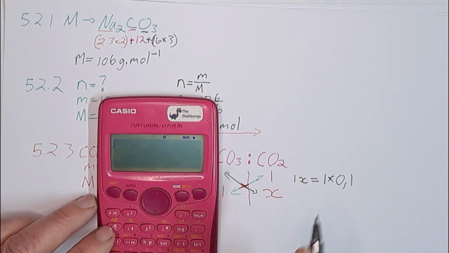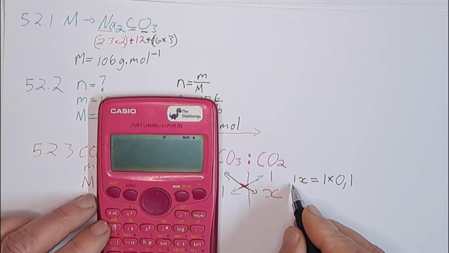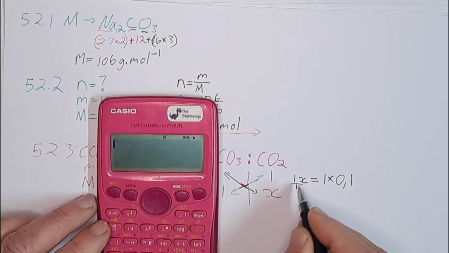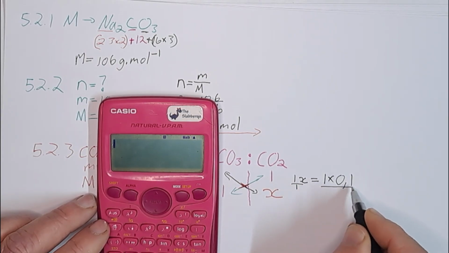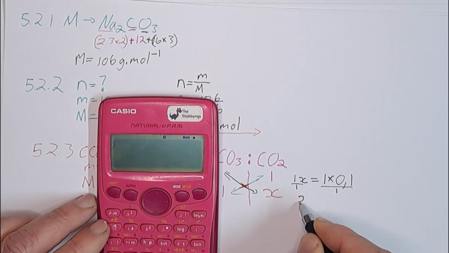Obviously we want to get rid of this 1, so we have to divide, because it's a multiply, and we have to divide that side, so it's going to give us our x alone.